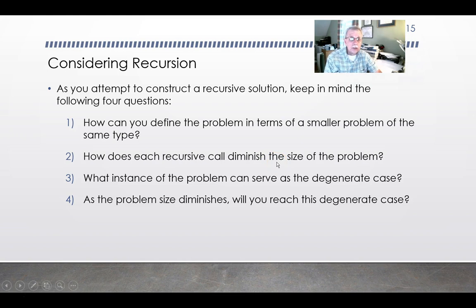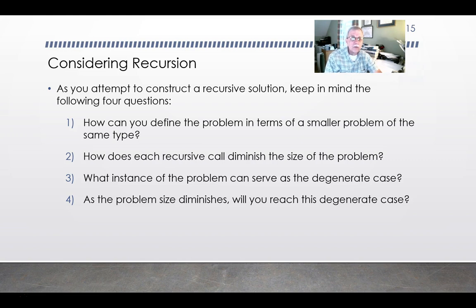How do we reduce the size of the problem so that we get a T prime situation? And then what instance of the problem serves as the degenerate or base case? How can we stop the recursive calls? And finally, can we guarantee that as the problem gets smaller and smaller that we ultimately will reach that base case or degenerate case, because that is the key to stopping the whole recursive situation.